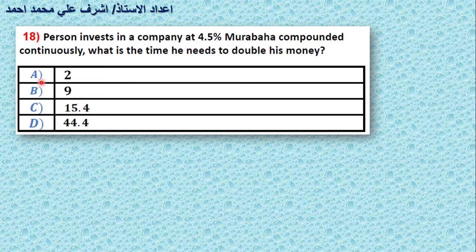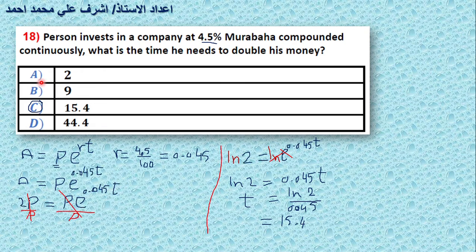I hope it's easy. A person invests in a company at 4.5% compounded continuously. What is the time he needs to double his money? Okay, what is the rule?